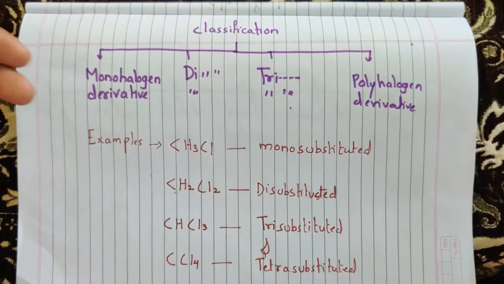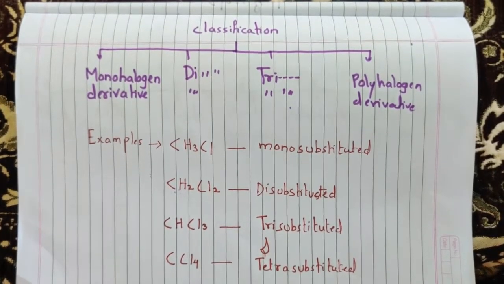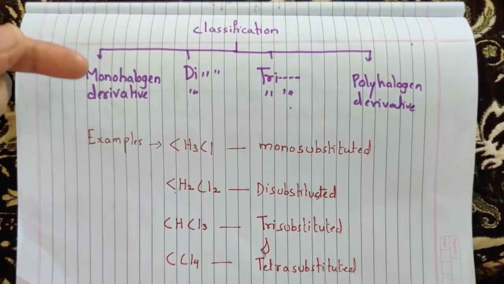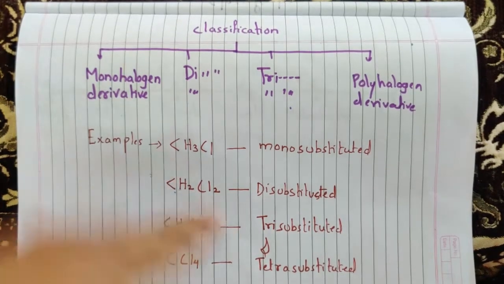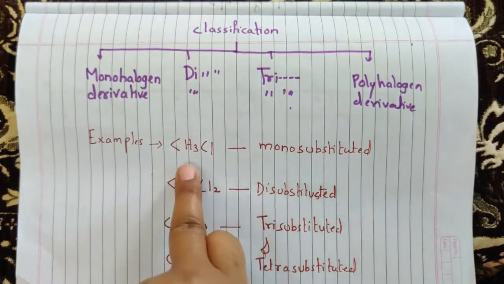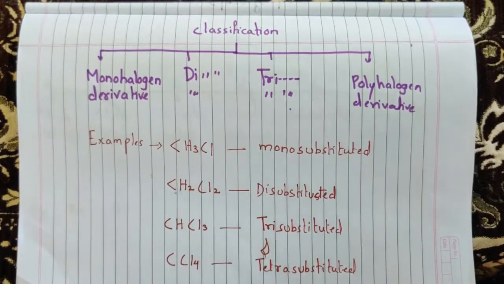I hope you all know the meaning of mono, di, tri or poly. If only one halogen atom is substituted to a hydrocarbon, we will get monohalogen derivative. For example, I have given the example of monosubstituted alkane, that is chloromethane.